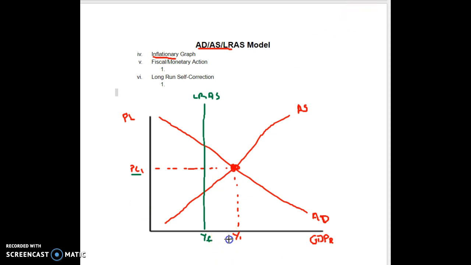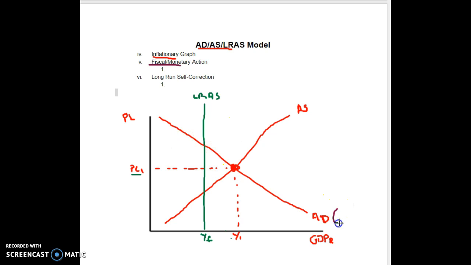Now the question becomes, what can we do about it? Well, we have two options. We have fiscal and monetary. Fiscal action is when the government creates the policies, and they can do one of two things. They want to move aggregate demand to the left.